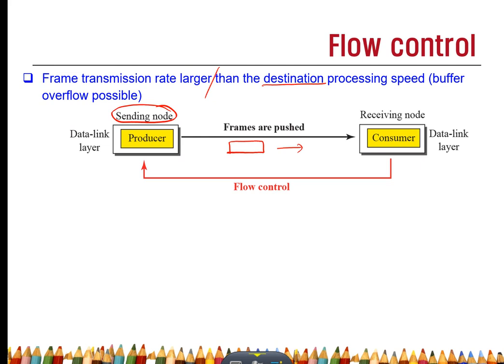If the processing speed of the destination node is lower than the transmitting speed, then the receiving node may have some buffer, but this buffer will overflow at some point. So to prevent the buffer overflow, we need to control the flow. Flow means the speed of transmitting frames from the source node to the receiving node.